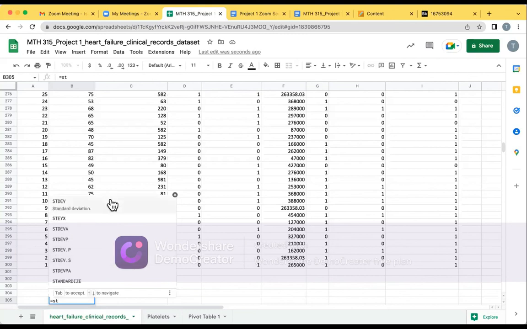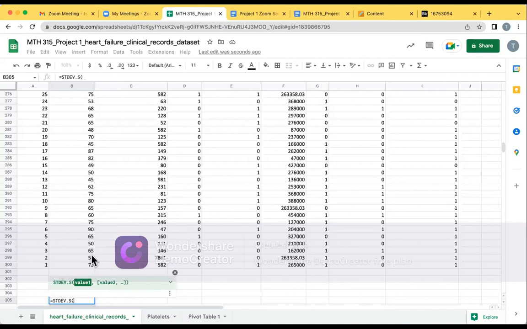If you do choose this one, it's giving you the sample. So it's okay to choose the first one, but I'm just going to do it properly. I'm going to say, this is for a sample. My data is a sample. There are different formulas for standard deviation of an entire population or of a sample, in our case, 300 people.